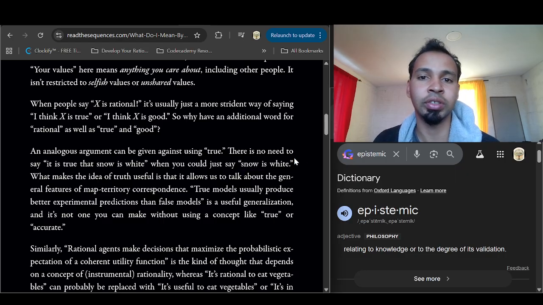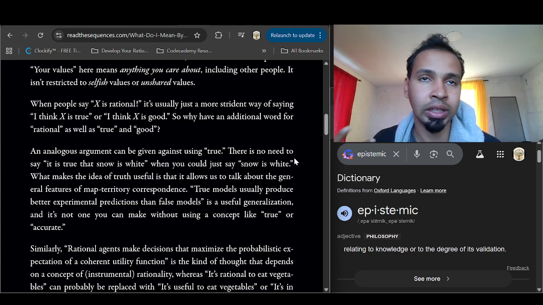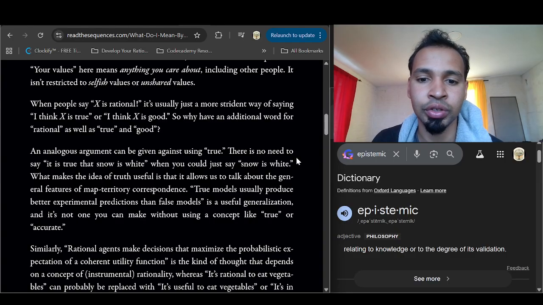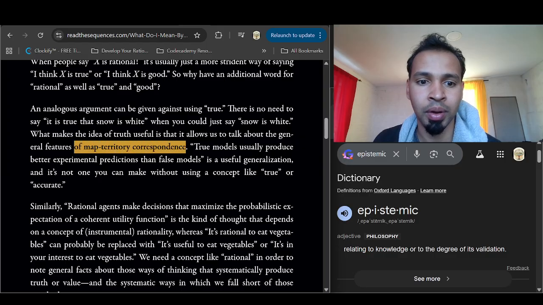And this kind of enters the syntax of the English language, or many other languages for that matter, and realizing that these languages have a fundamentally different logic structure than the language of logic, and I think by extension, the language of rationality. What makes the idea of truth useful is that it allows us to talk about general features of map-territory correspondence.